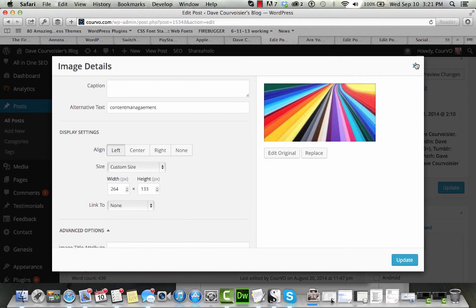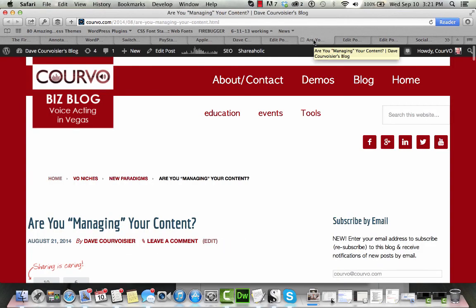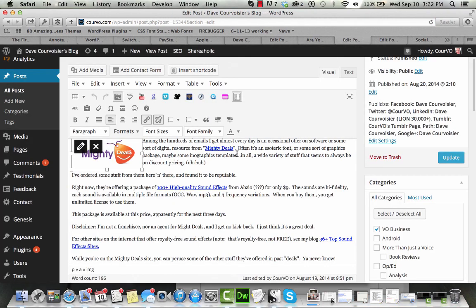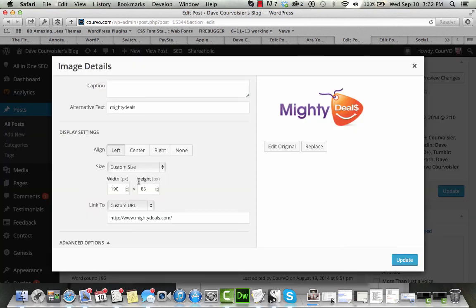In either case, both those images have a dimension less than 500 pixels, or maybe 497 pixels. I'm not sure where the cutoff is, but I think that's significant. As we see here, here's the image shown in the article. If I then look at the article with the Mighty Deals image, and this was from a couple days earlier, this image shown in the article itself has a width of 190 by 85.